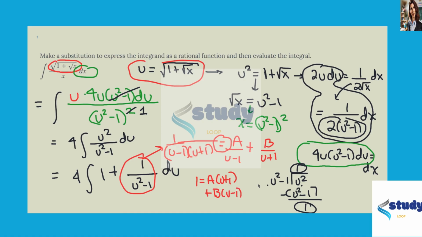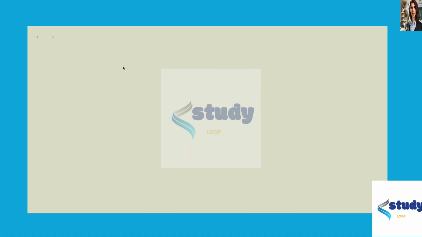Now I'm running out of room here, so let me go to the next page. 1 equals, factor out a u, and then our constant term left over. And we see, since there's no u on the left, that a plus b must be 0. And we see that a minus b must be 1 because that's the constant term on the left.